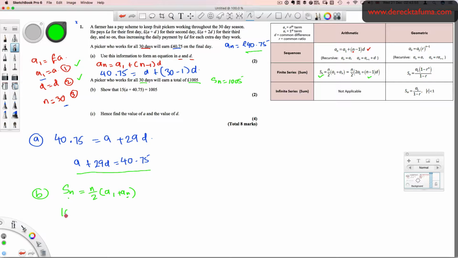So S sub n, 1005, equals n over 2, n is 30, so 30 over 2, times A1 plus A sub n, where A1 is A plus A sub n, 40.75.